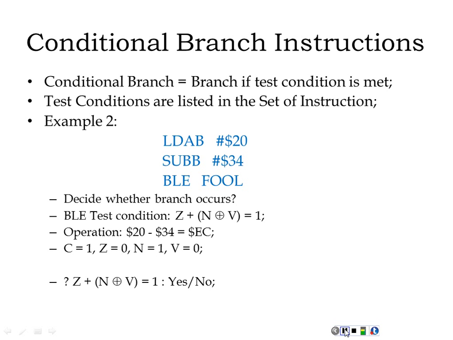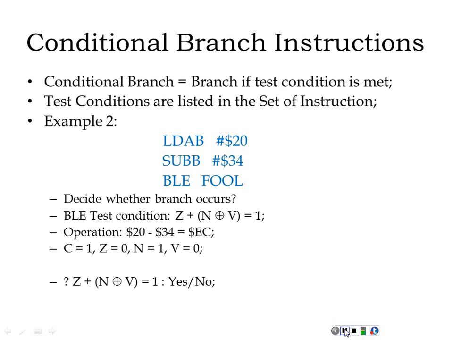You are loading 20, subtracting 34 from it, and you get EC. This is the operation. After that, what flags are set? I have written all the flags, though we don't need C here.